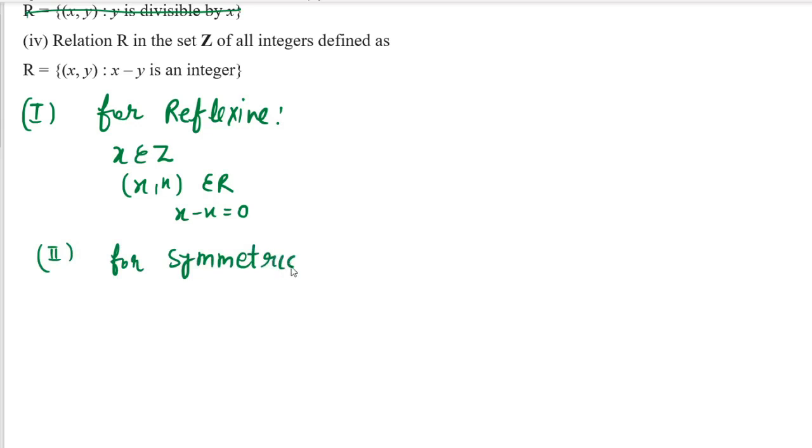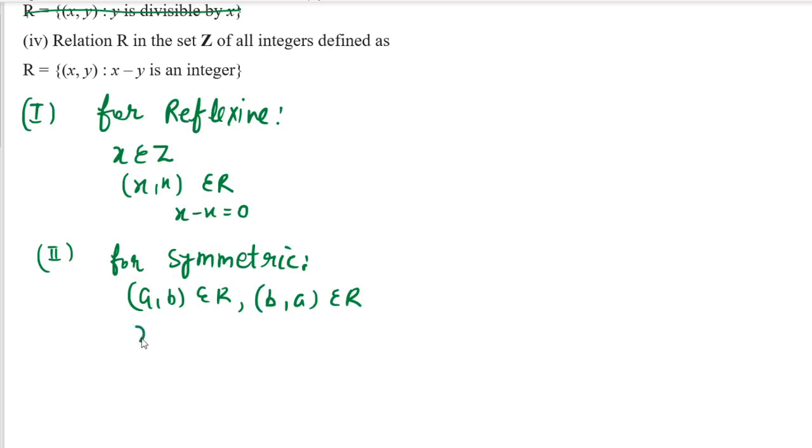So for symmetric, how will I do this one? See, what is the condition for a symmetric? The condition for the symmetric is: if a comma b belongs to R and b comma a also belongs to R, then this kind of relation is symmetric. So here, children, you can see one thing.